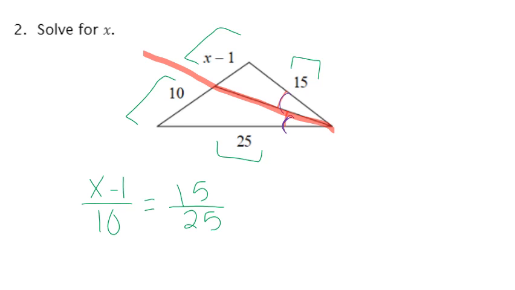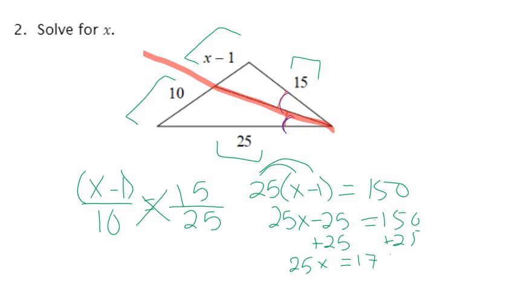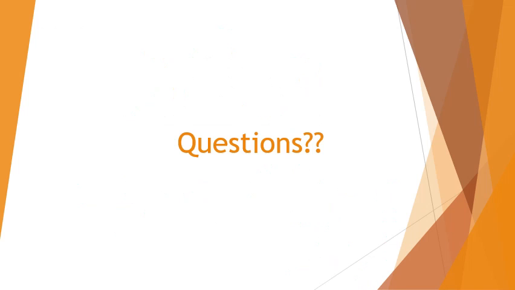When we multiply that out, I'm going to get 25 times x minus 1 equals 150. I'm going to add 25 to both sides. And then we're going to get our x value for this to be 7. So x is equal to 7.